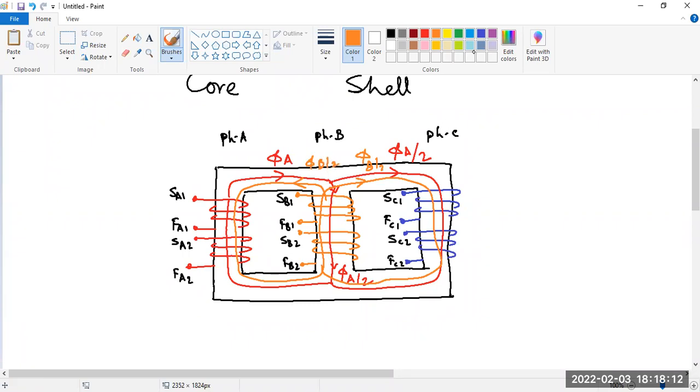Similarly, for C phase flux, C phase flux will come this side. Then another part will flow to the A phase limb, and the directions will be like this. This is phi C and this is phi C by 2. Here also it is phi C by 2. Understood?